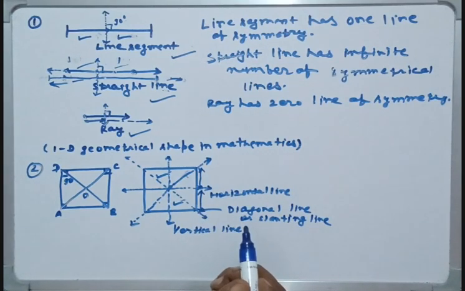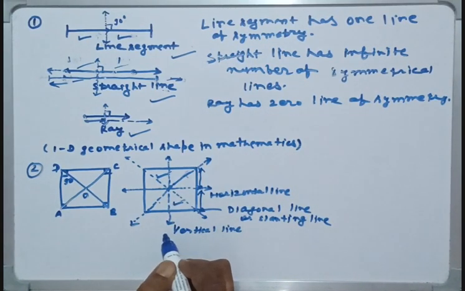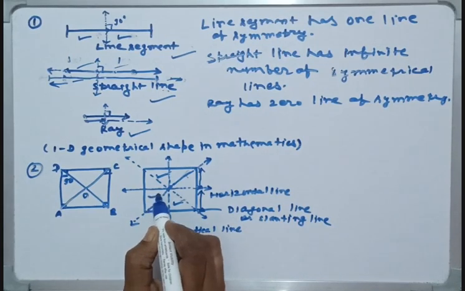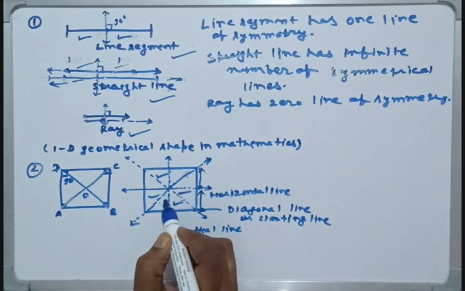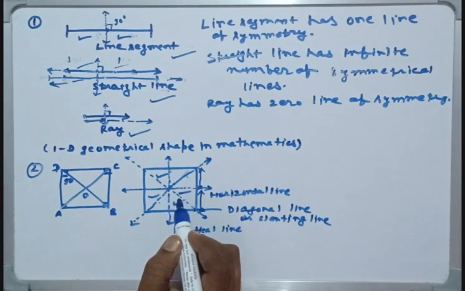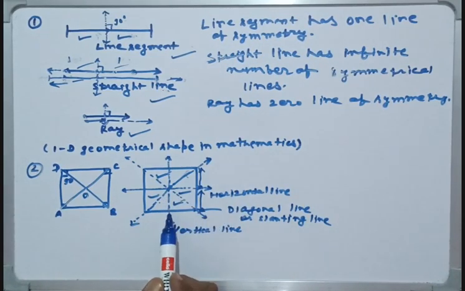Okay guys, now in the case of the vertical line, this one and this one are equal shape and size, meaning this line divides this square into two equal half parts.